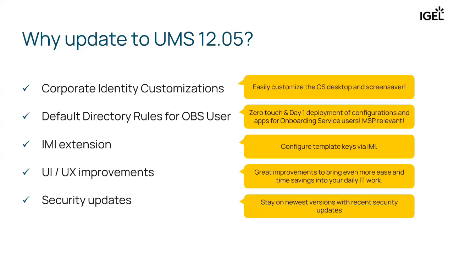Then you have an IMI extension to configure template keys and increase automation. You have, of course, a lot of UI/UX improvements and the recent security updates. So I guess, Sebastian, these are a lot of good reasons to update to 12.5. What do you think? It does, no doubt.